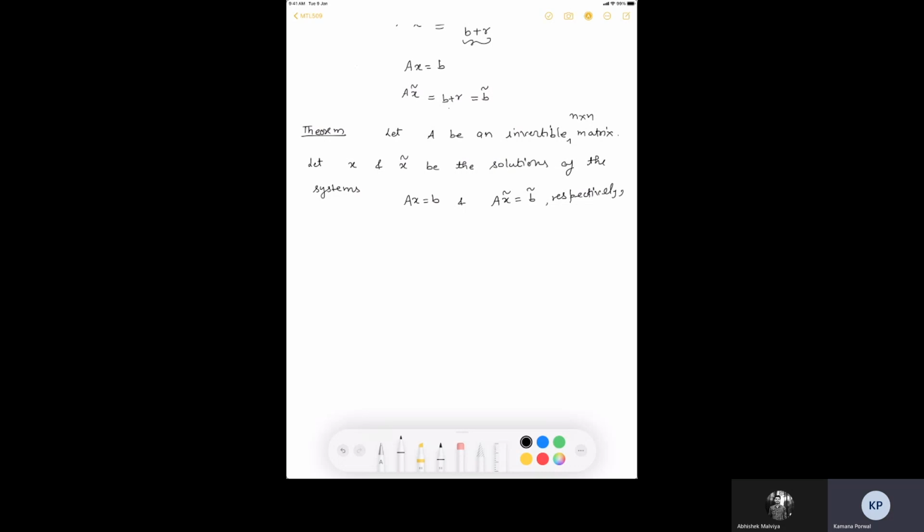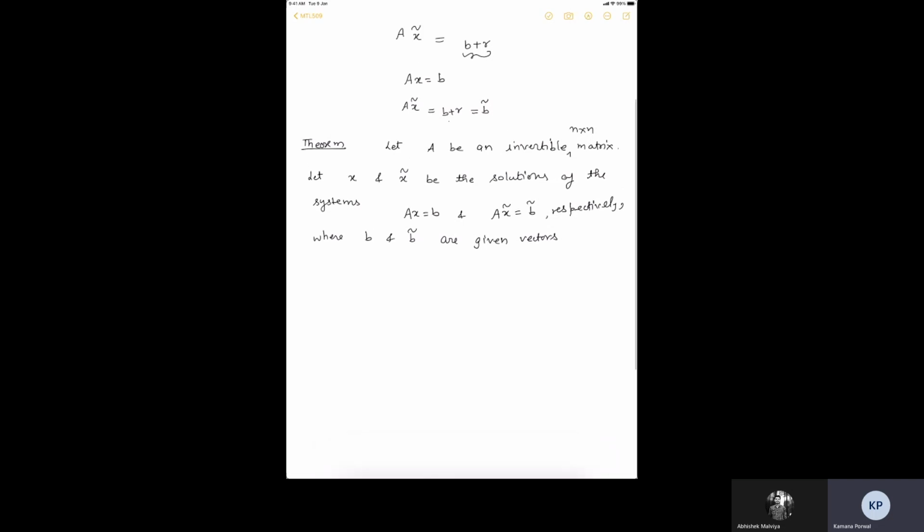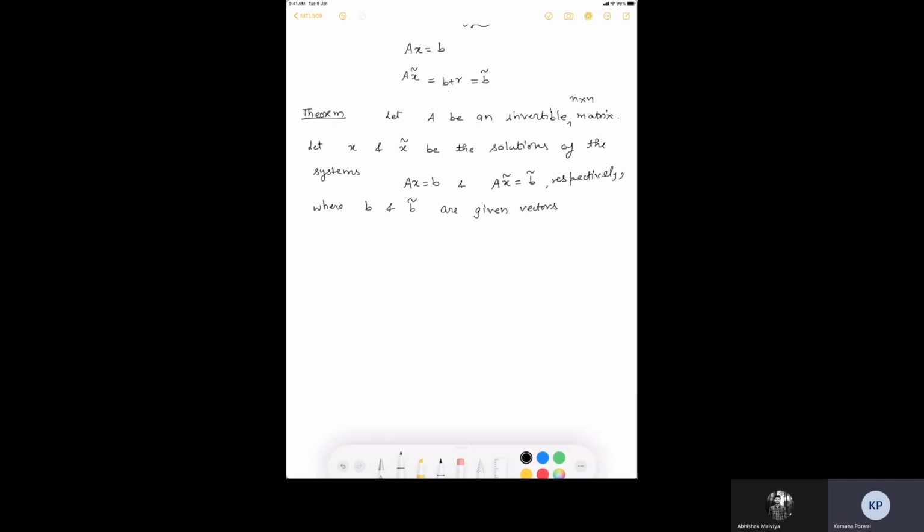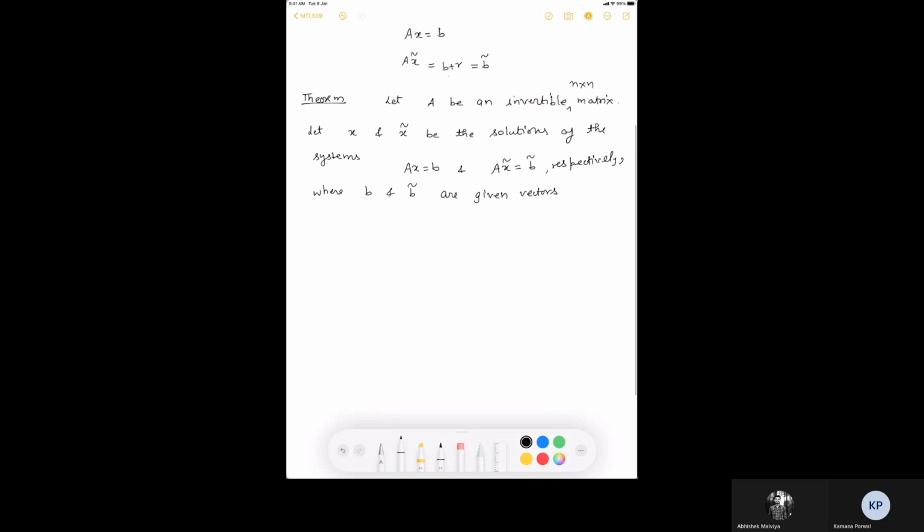Here B and B tilde are the given vectors. So I'm going to obtain the result for any B tilde. In particular, when we have B tilde as B plus r, we will be able to derive how things are going to look in that case.